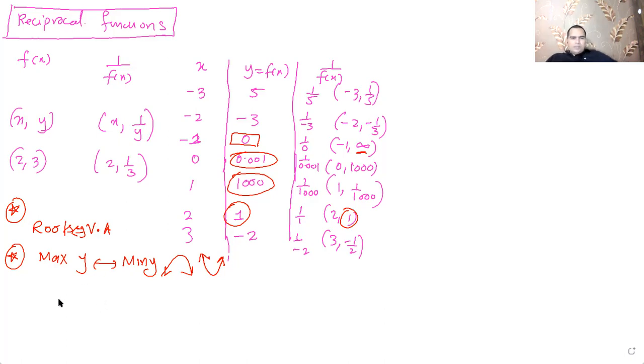So if the graph is increasing rightwards, the reciprocal will slowly decrease towards 0. If the function is increasing, say going towards the positive y-axis, the reciprocal will slowly approach the x-axis. So the x-axis is going to become the horizontal asymptote.